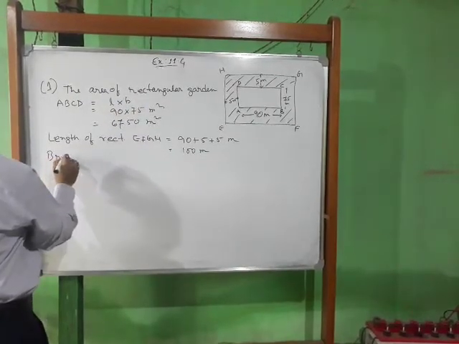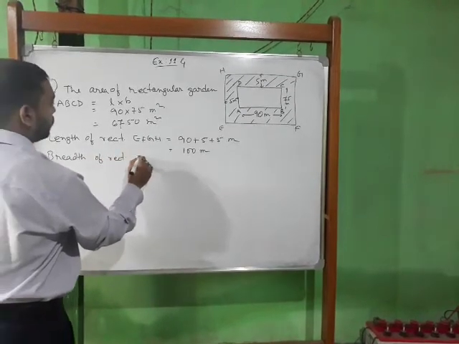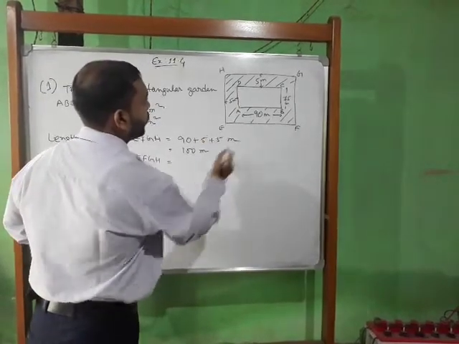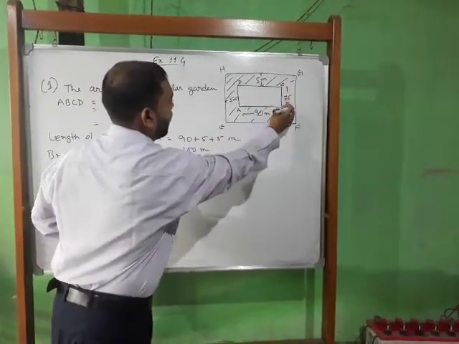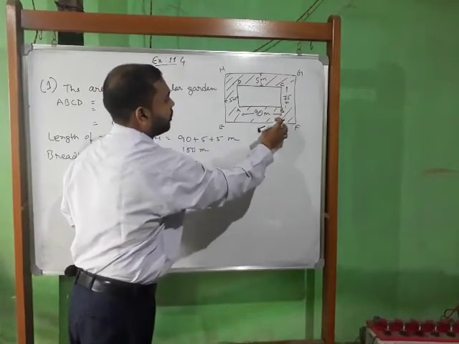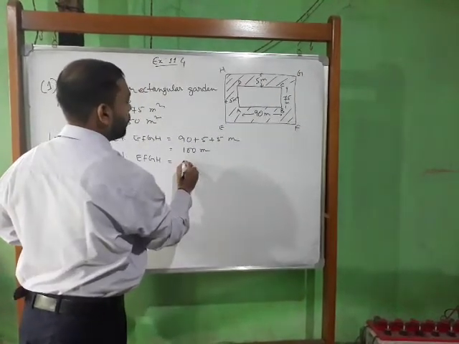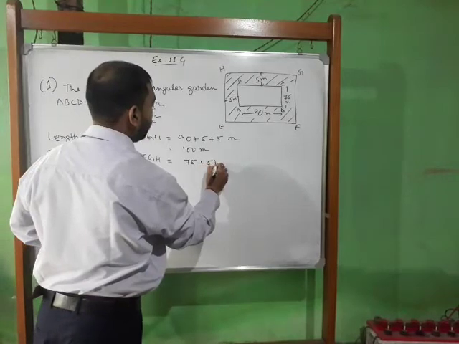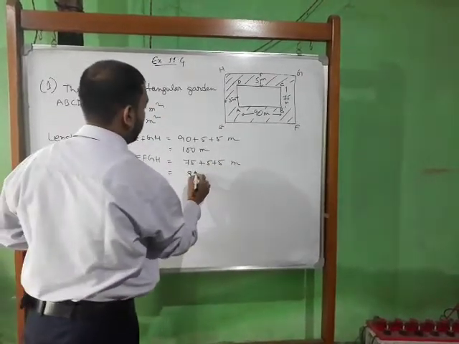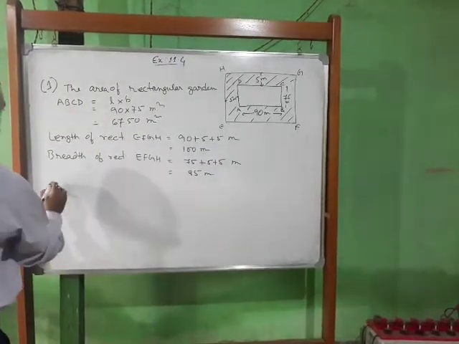The breadth of rectangle EFGH is 75 plus 5 plus 5, which is 85 meter.